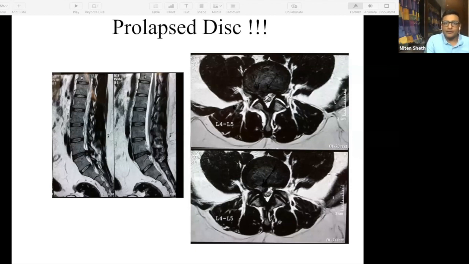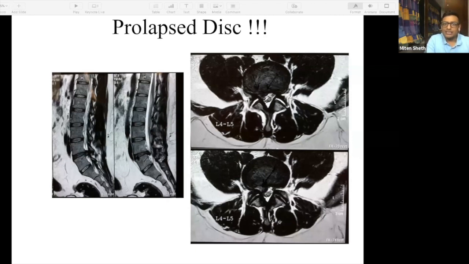So don't get confused. Whatever the radiologist has marked over there, that is what you have to count. Sometimes you might realize that this is where you have L4, L5, and this is S1. Okay, but don't be confused, that's because of the labeling issues. So here, what you're identifying is that there is some problem at L4-5.